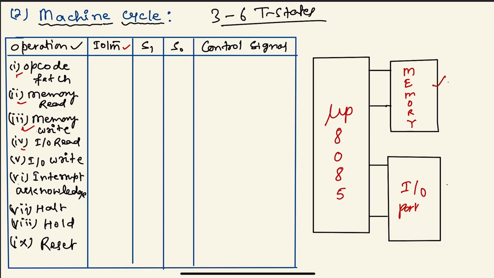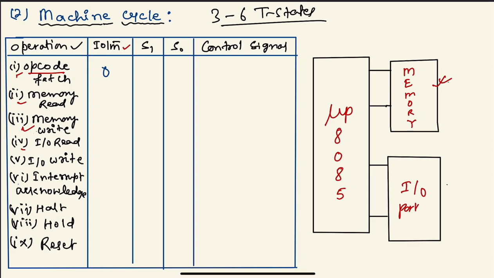For the opcode fetch operation, the opcode is stored in memory and is read by the microprocessor to complete the execution of an instruction. It is a memory related operation, so the IO/M bar status must be 0.